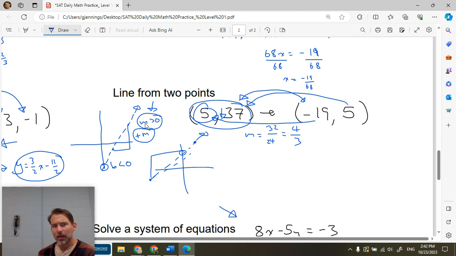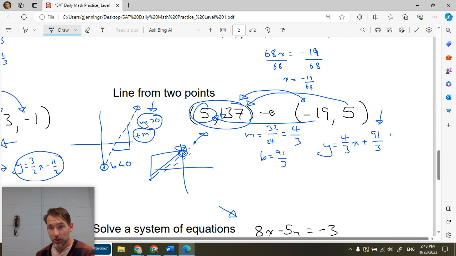It's 111 minus 20, so that brings us to 91 over 3. So b is equal to 91 over 3. So my line is y equals 4 over 3 x plus 91 over 3. That's very, very close to 30. And so this is definitely positive, and we're rising at 4/3. So I believe that's good. Circle it. We're going to check it later.